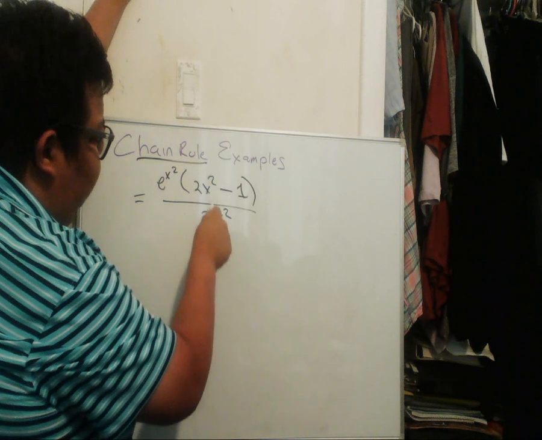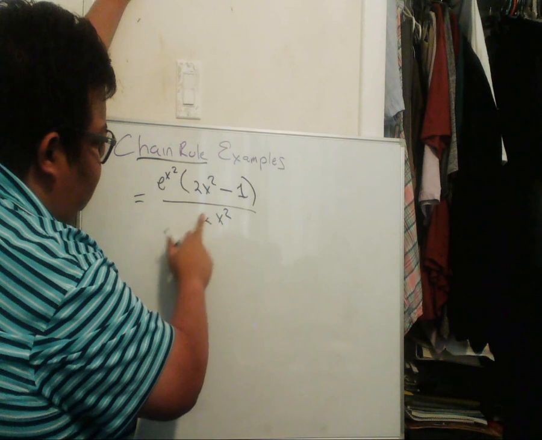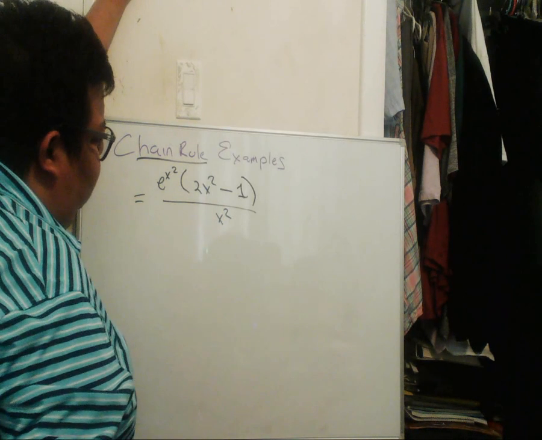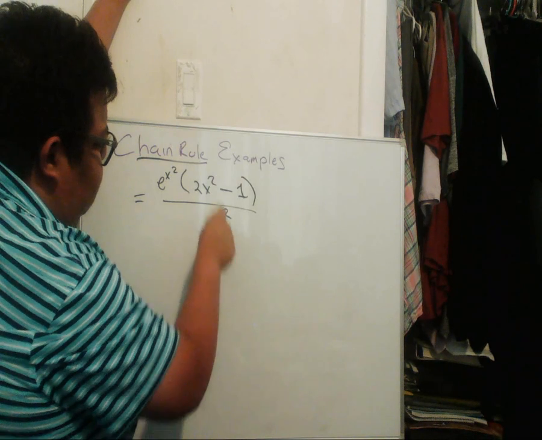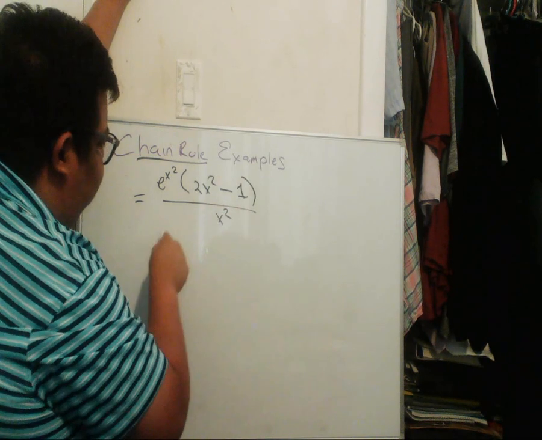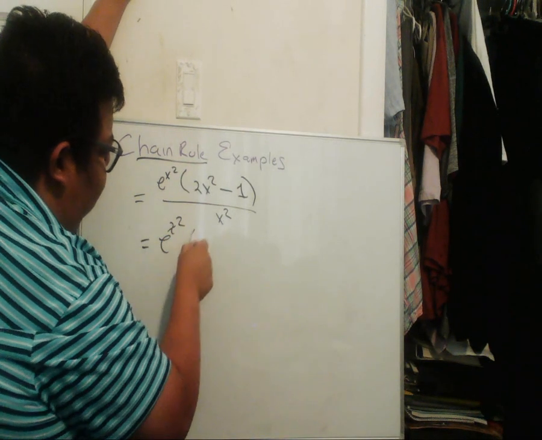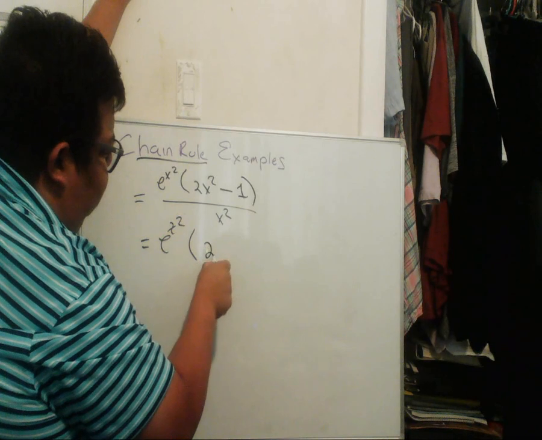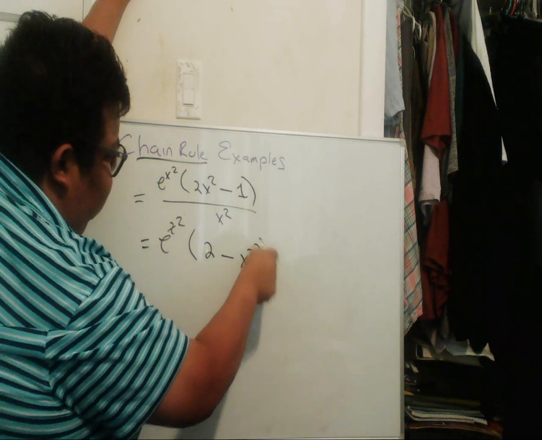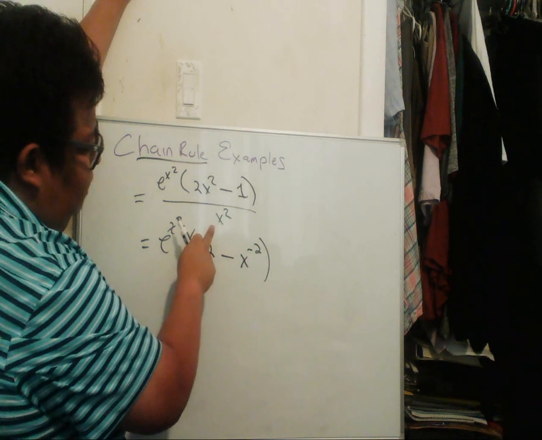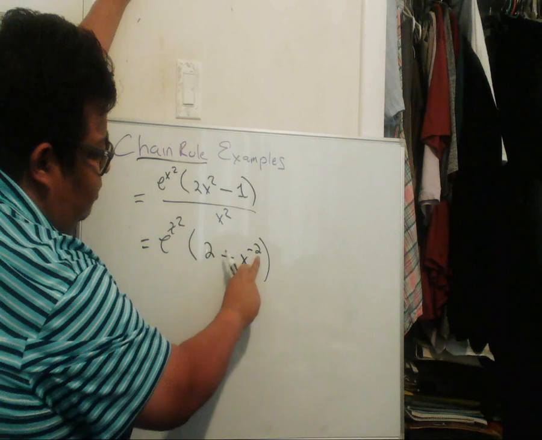We cancel these things out, and now this cancels with this, and then we're left with e to the x squared times 2 minus x to the minus 2, because this one cancels with this, and 1 over x squared becomes x to the minus 2.